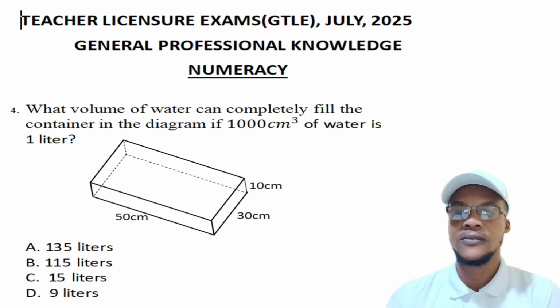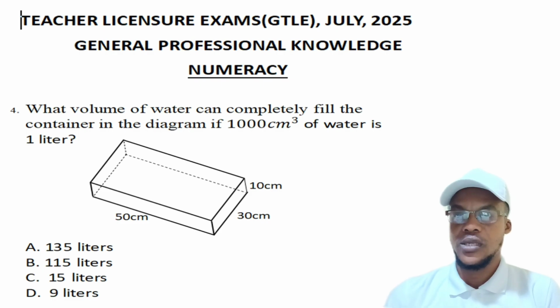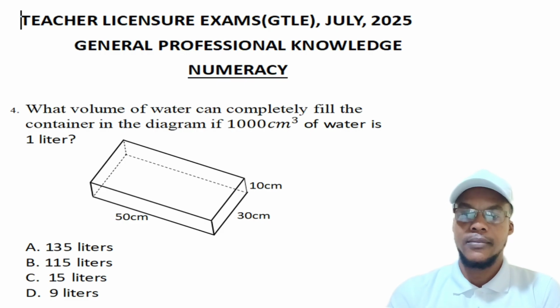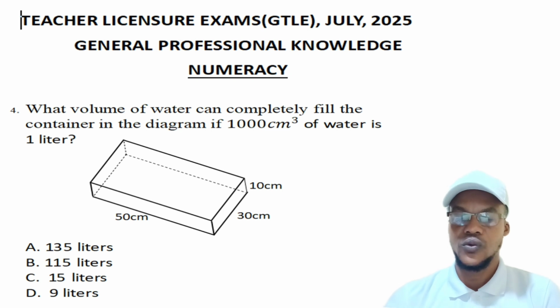It's a cuboid. As you know, how do we find the volume of a cuboid? We have a cube. A cube is a square shape, as well as what a cuboid is, a rectangular shape. So you know how a rectangle looks like.